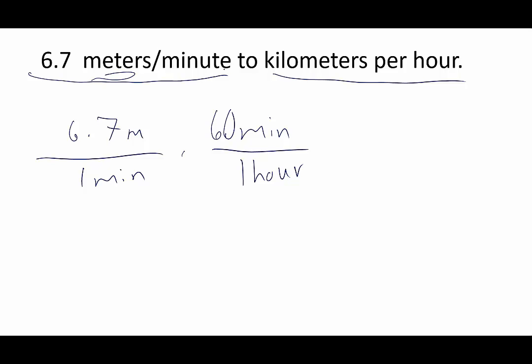And we need to go meters to kilometers. There are 1,000 meters in 1 kilometer. So that's 1 km over 1,000 meters. Okay, our units will cancel out. Oh, sorry, hours doesn't. Minutes will cancel out.